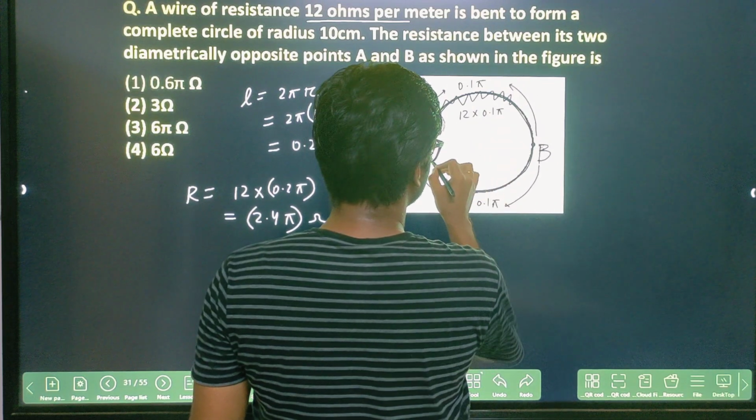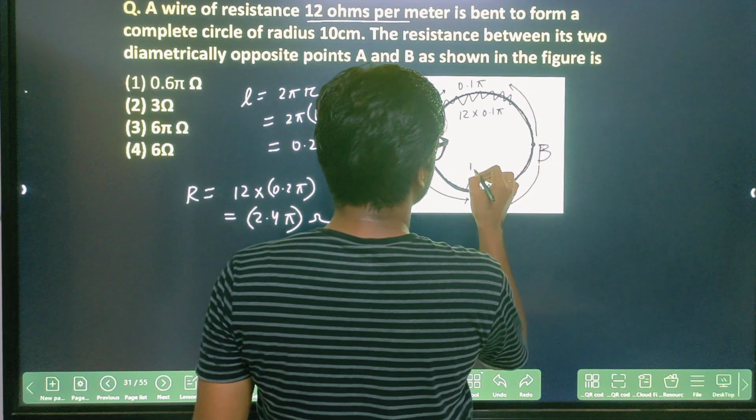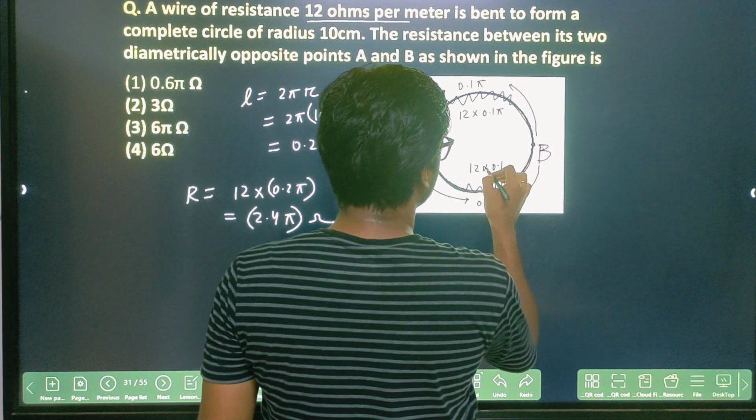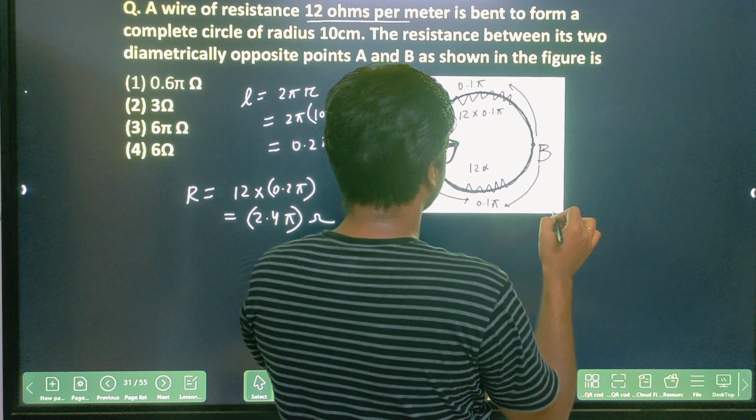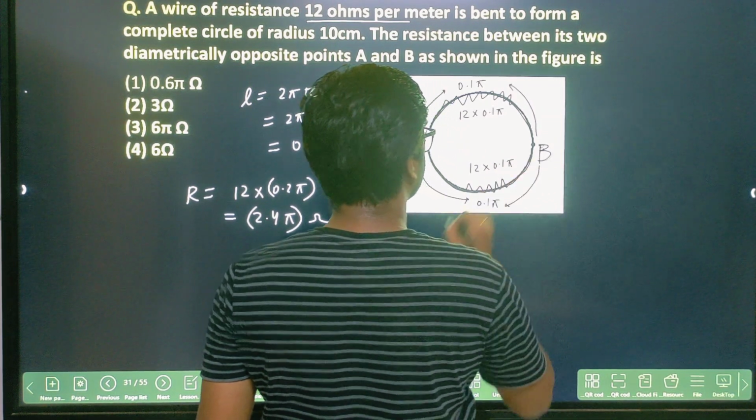Here also this is one wire, and this is also 12 into 0.1 pi.